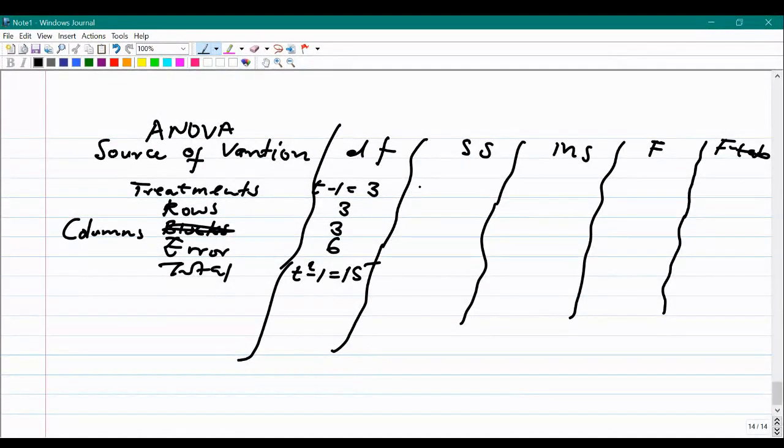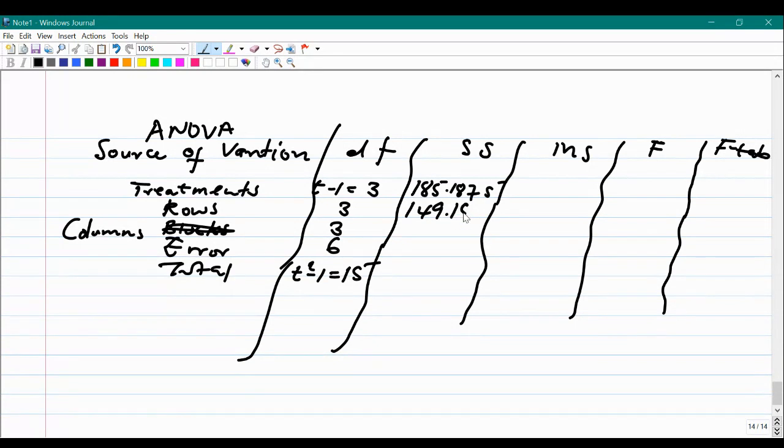SS treatment, what is the sum of squares? Give me the values first. 185.1875, it's for the treatment. Rows, 149.1875.